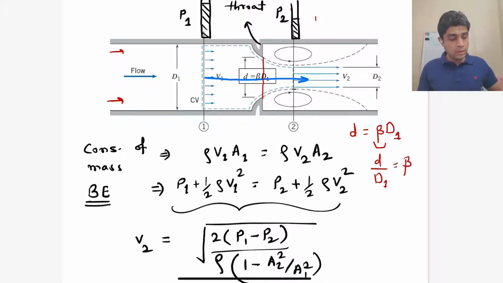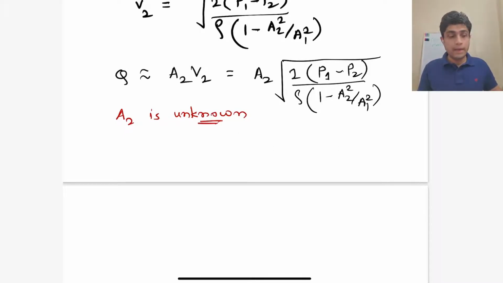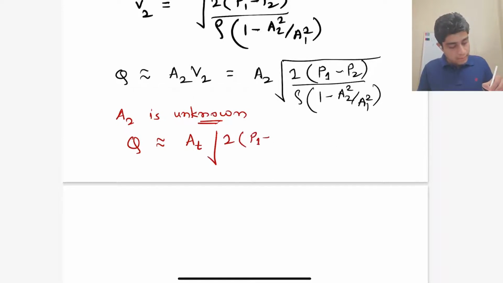So that is known. Since A2 is unknown, we approximate A2 by a known area, which is the area at the throat, and then your flow rate is approximately equal to the area at the throat multiplied by this velocity term.